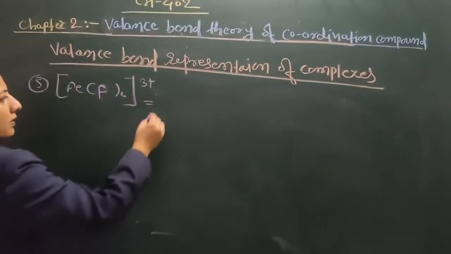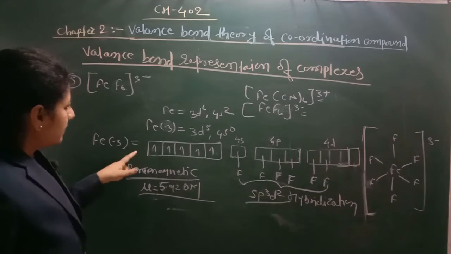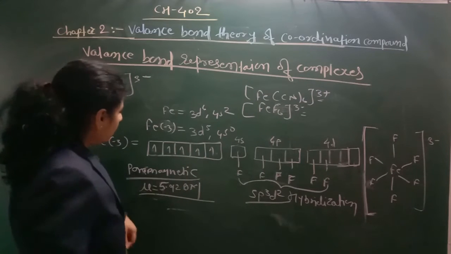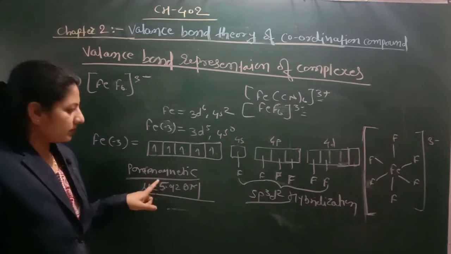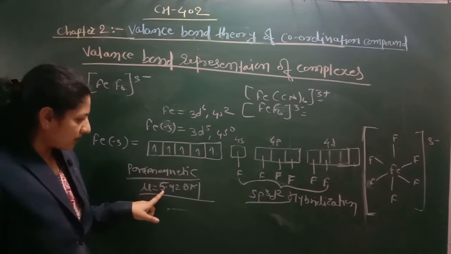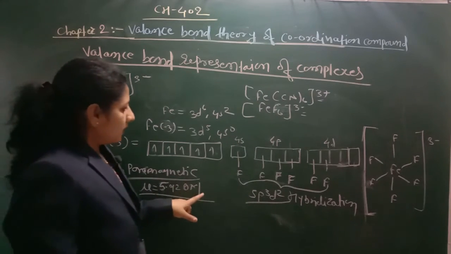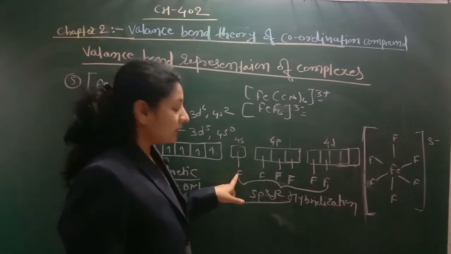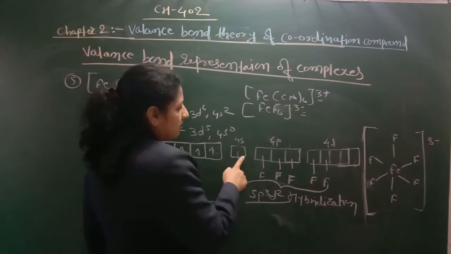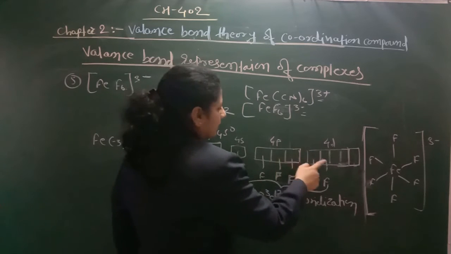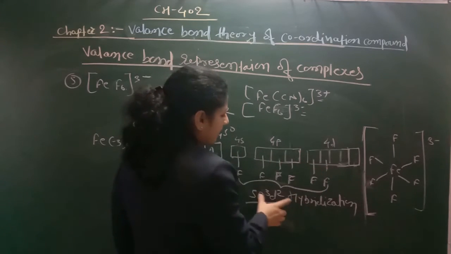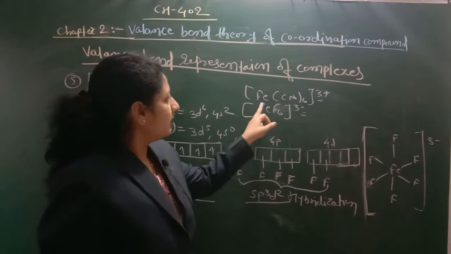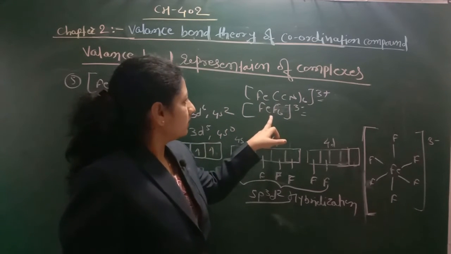For fluorine, there are 5 unpaired electrons, so the Bohr magneton value is 5.9 BM, close to the number of unpaired electrons. The remaining 6 F ligands enter the 4s, 4p and 4d orbitals, giving sp3d2 hybridization.